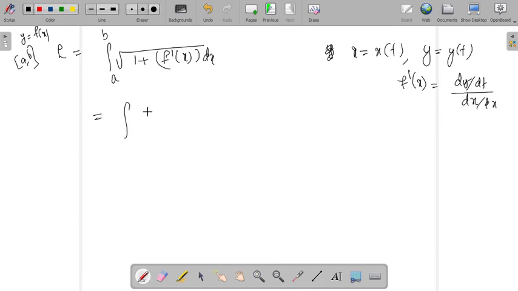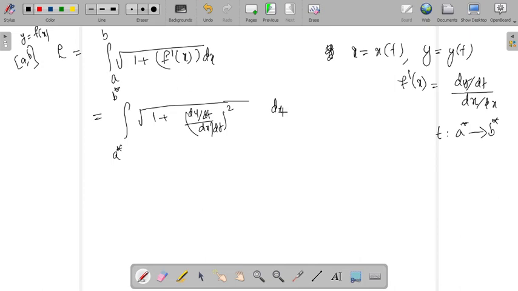So this integral can be put in the form here, and you will get the corresponding limits of t. I am going to put the limits of t as a star and b star. So x varies from a to b, so t will vary from some a star to b star. So you will get root of 1 plus (dy by dt by dx by dt) whole square.